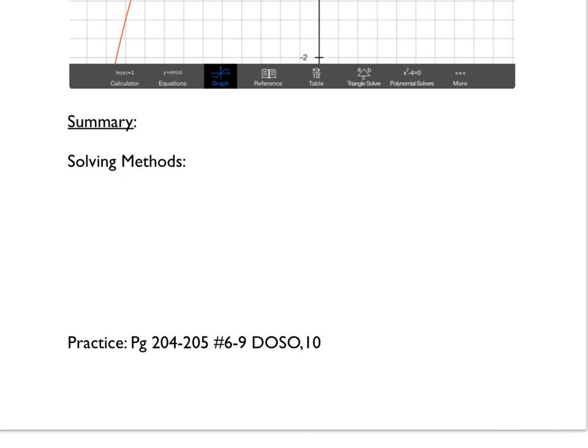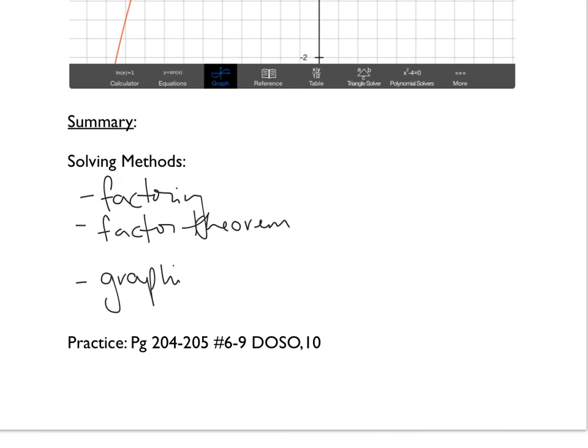Okay, so to summarize, we looked at two different ways to solve these kinds of polynomial equations. First, we would try to factor using the factor theorem. If that didn't work, then we would look at it graphically. So if an algebraic solution exists, we can use that.